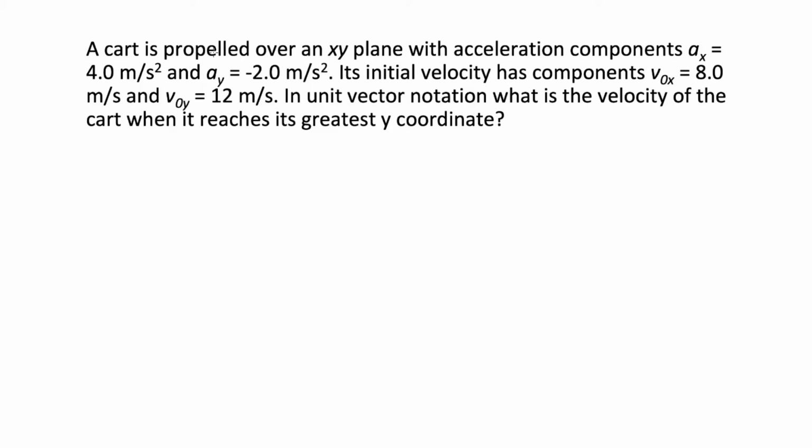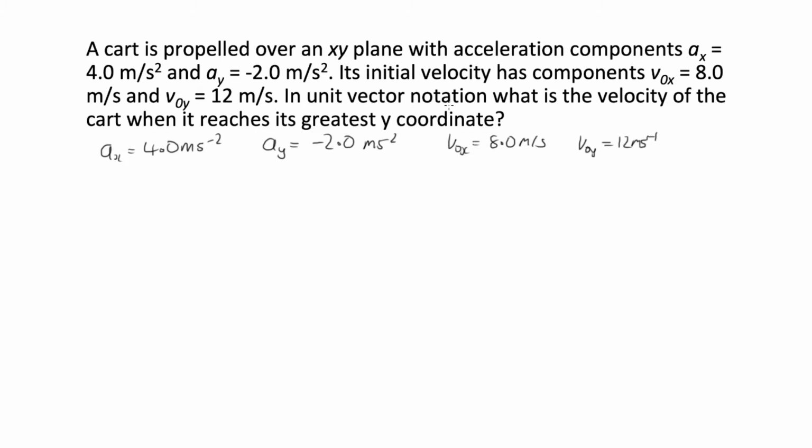Okay, so a problem. A cart is propelled over an XY plane with the acceleration component. So the X component is given by 4 meters per second and the Y component is given by minus 2 meters per second. The initial velocity has components of 8 meters per second in the X direction and 12 meters per second in the y direction.